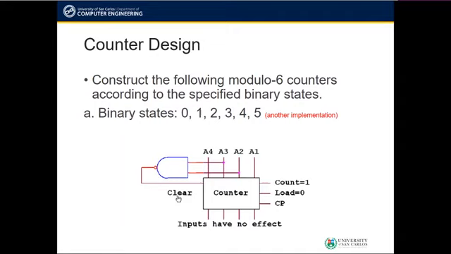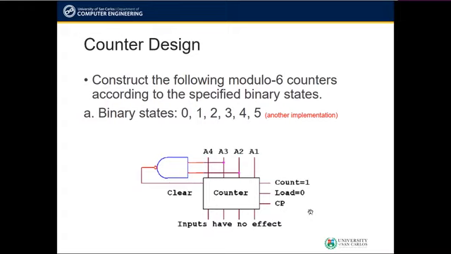The clear input is provided an input from the NAND operation result of A3 and A2. The output of this NAND gate will only be 0 when bits A3 and A2 are 1. So when the circuit starts counting, it counts from 0, 1, 2, 3, 4, and then 5.